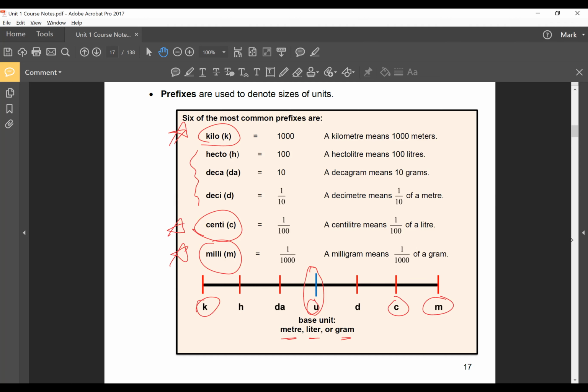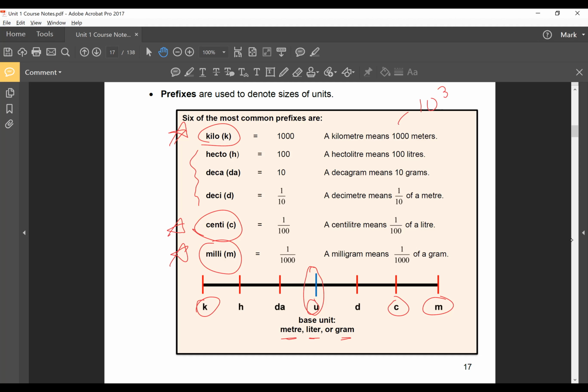So the prefix kilo means 1,000. A kilometer means 1 kilometer is equivalent to 1,000 meters, 1,000 being 10 to the power of 3. This is the beauty of the metric system, by the way.